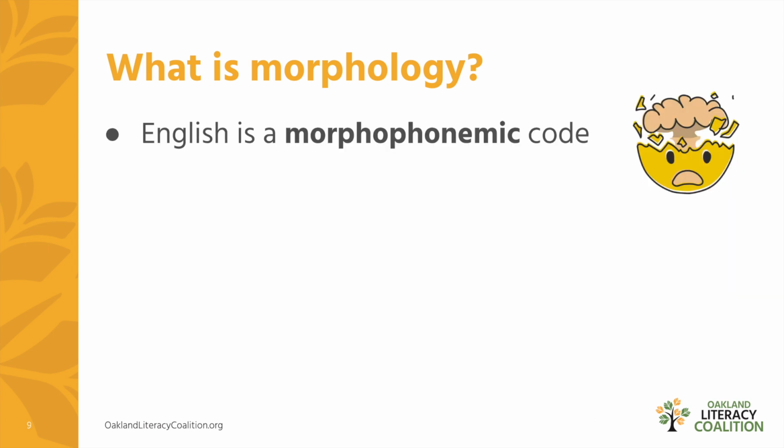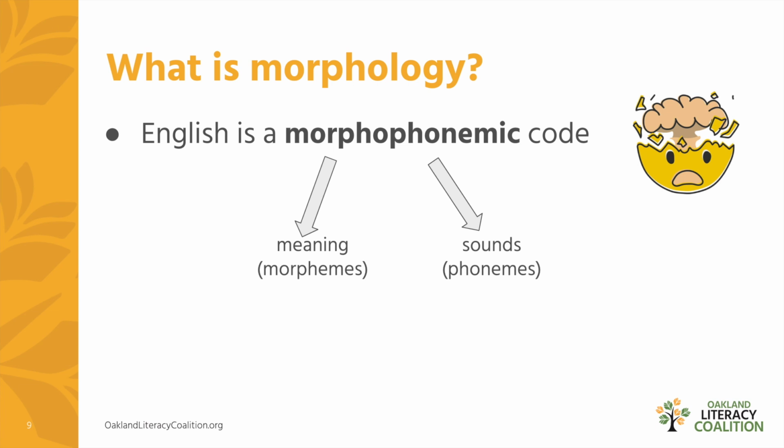But here's the mind-blowing thing about English. It is a morphophonemic code, which is a very complex word that means that our written system represents morphemes, so parts that hold meaning, as well as phonemes, which are the speech sounds.